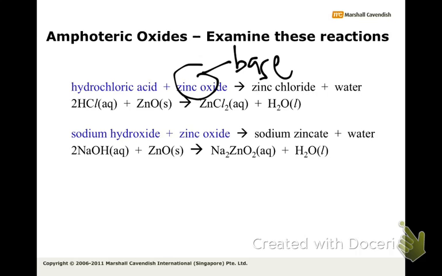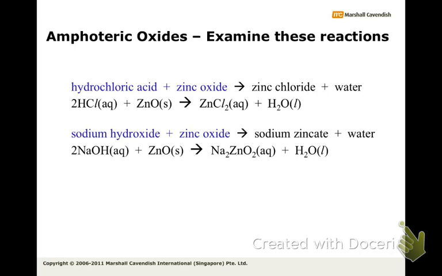It does react also, but it will form this thing called sodium zincate. Sodium zincate is a particularly complex salt, which is not inside your syllabus. But one thing that you need to know is that here your zinc oxide actually acts as an acid. So amphoteric oxide behaves like base and acid.